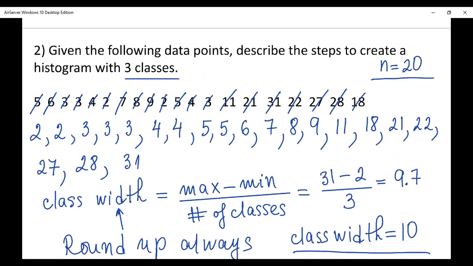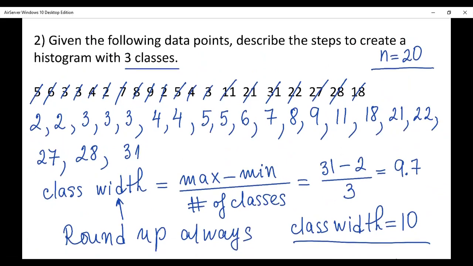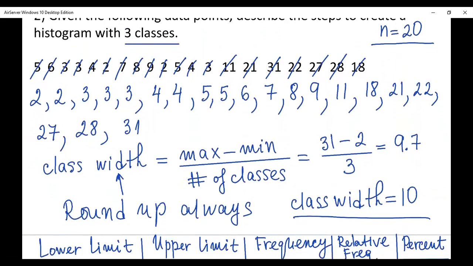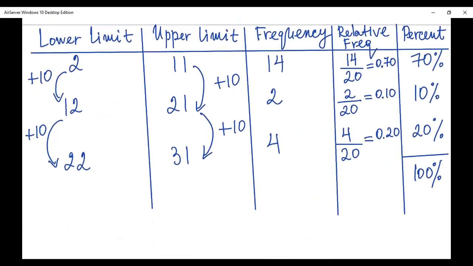Again, you must order the numbers from least to greatest. The number of classes is always given, and you have to find the class width by subtracting the bigger minus the smaller number in the data set and divide by the number of classes. And you always round up for the class width. Your first lower limit is the minimum number. And how you're going to use the 10 is you add the class width to the first lower limit to get the next lower limit.